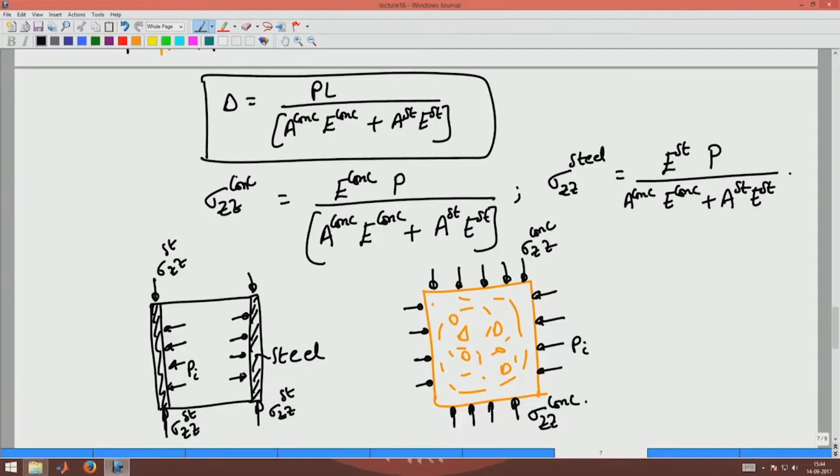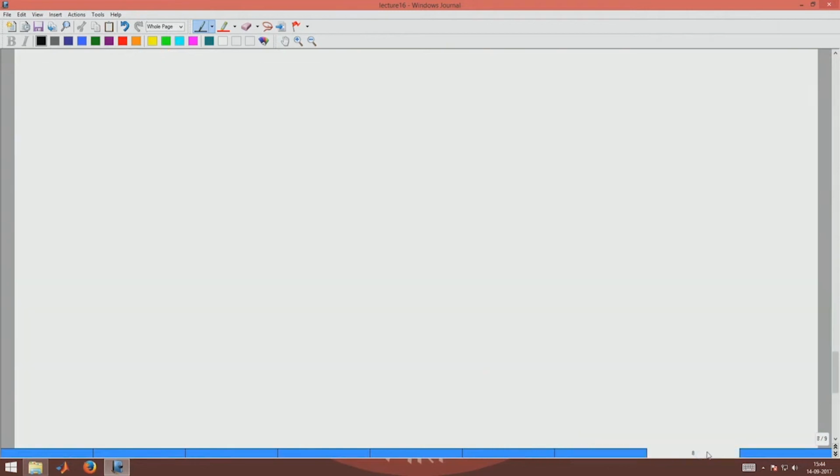Now, having seen this, next let us move on to thermal stresses.